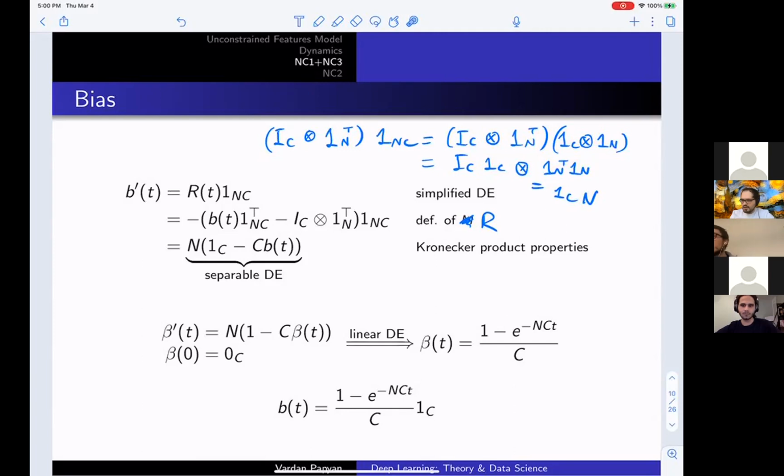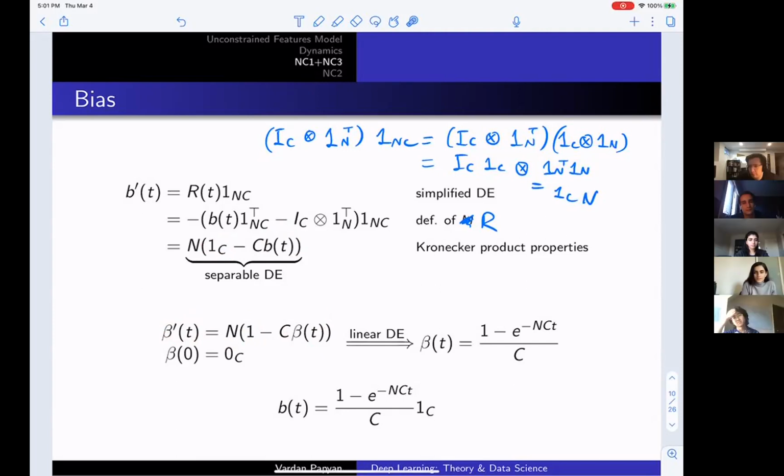If I denote an entry from the B vector by beta, I get beta prime is equal to n times 1, previously it was a vector, now it's a scalar, minus c times beta of t instead of B of t. Neo immediately saw an exponential, doesn't even need to go to Wolfram, it's too easy, right?